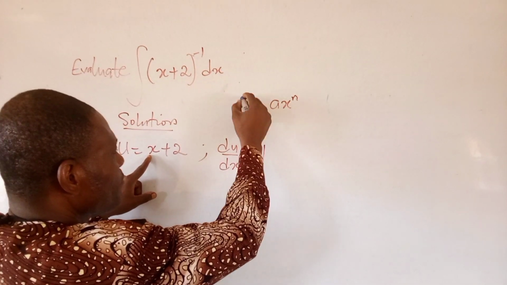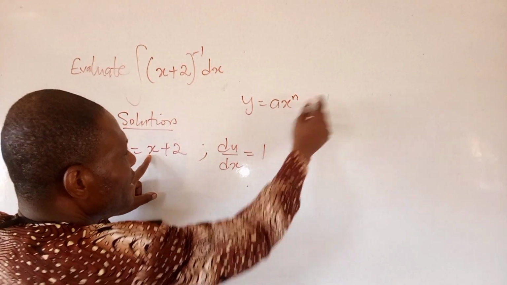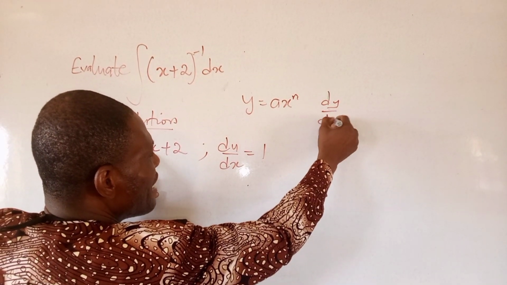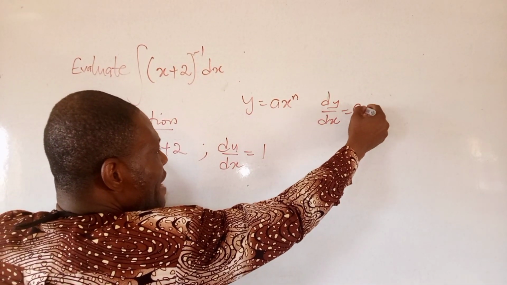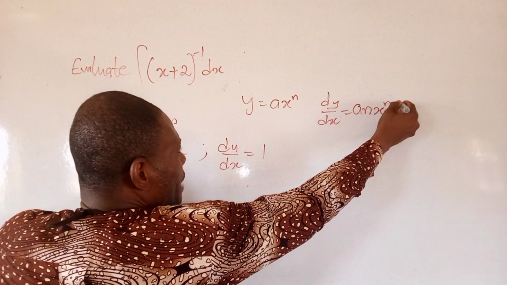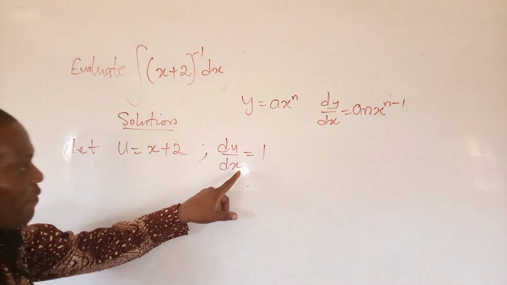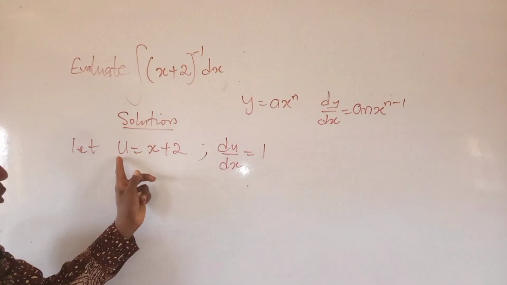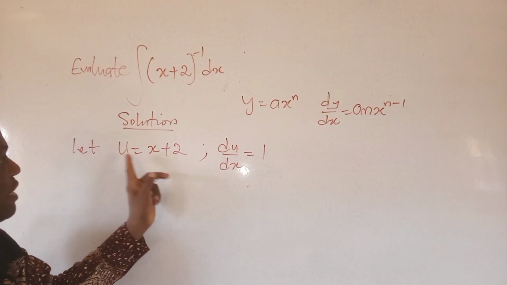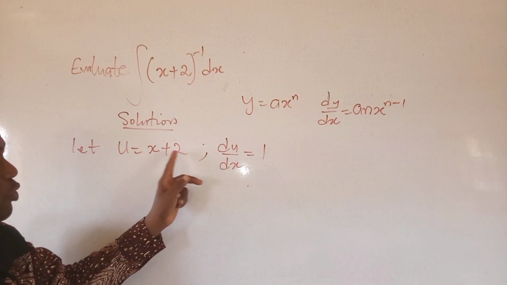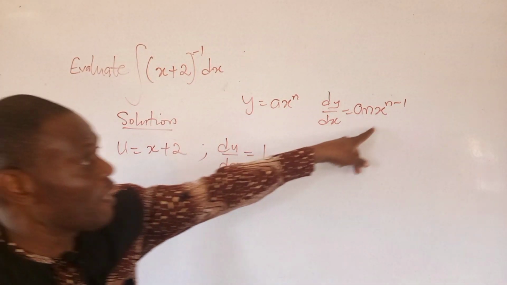If this is my y, dy over dx, I'll multiply by the power and have a n x^(n minus 1). So differentiating u equals x plus 2 will just give you 1 using this formula.